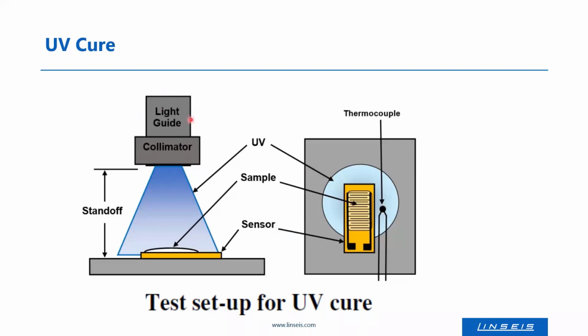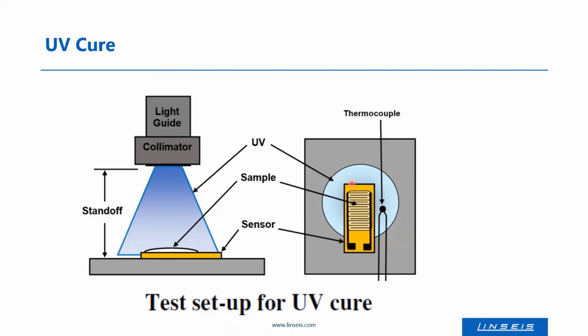At the end of a light guide, a so-called collimator is attached, which concentrates the UV light and projects it onto a platform. And on that platform, there is the sensor, this orange one here, and on the sensor is your sample. You can change the distance of the UV light source, and you can also change the intensity, of course, of the UV light.